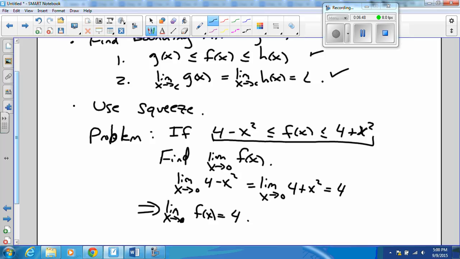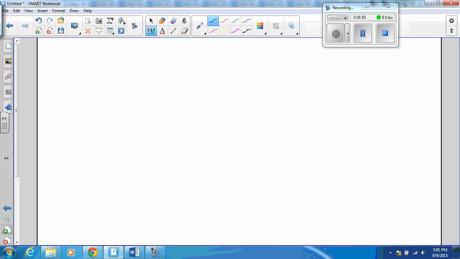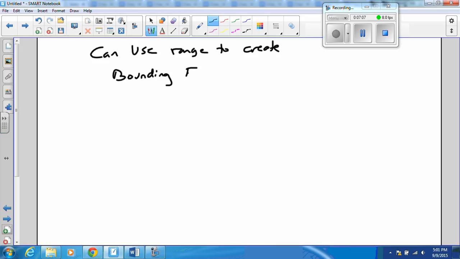Sometimes we have to create our own bounding functions. And for that, we often appeal to the notion of range. For example, find the limit as x goes to 0 of x squared cosine 1 over x.